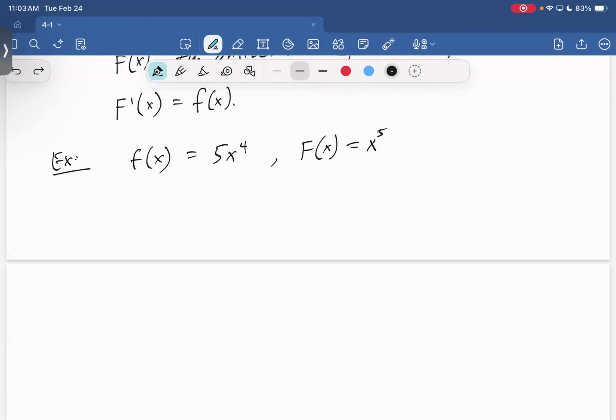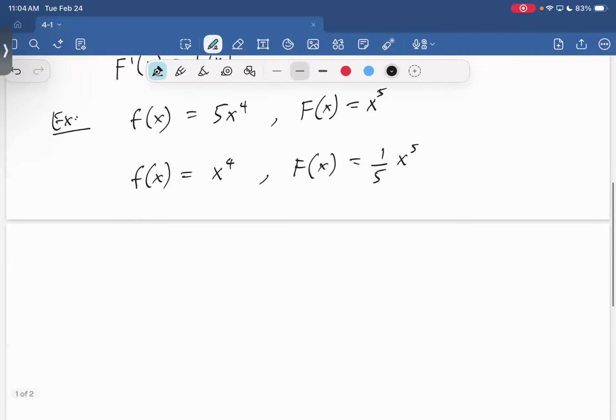Now I might ask the question, if we had f of x equals just x to the fourth, what would be its antiderivative? Oh, it's taking the derivative backwards. X to the power of 5. Oh, it's 1/5 x to the fifth.